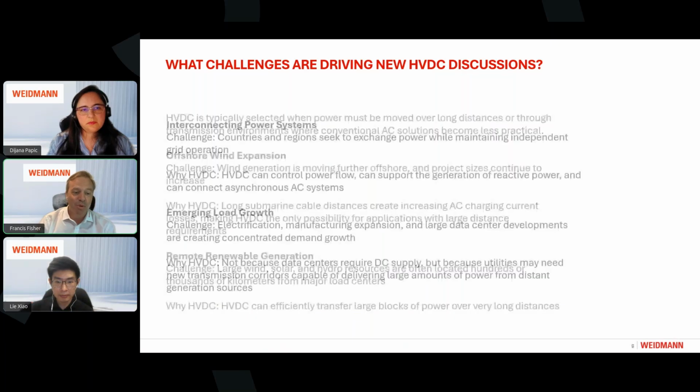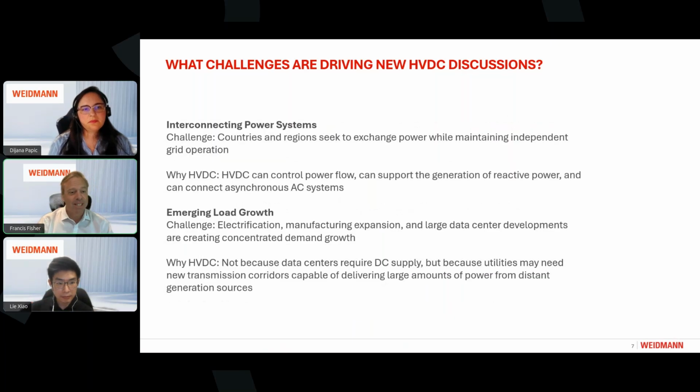And then moving on to the last couple of examples. So we talked about interconnecting power systems. So this is interconnections with different networks crossing different regional boundaries, countries. In Europe, we see this, where they want to have a system that can manage the exchange of power while still maintaining independent grid operations.